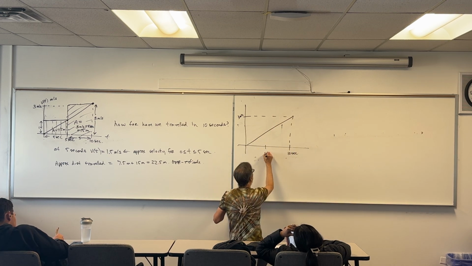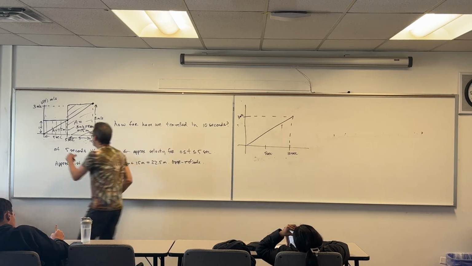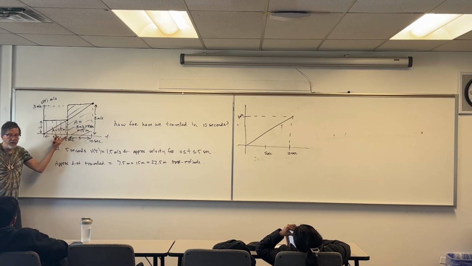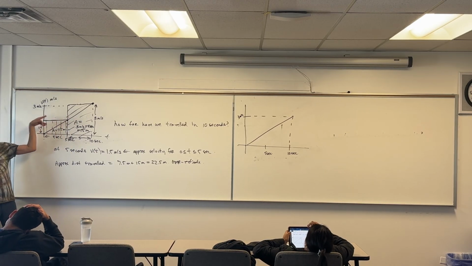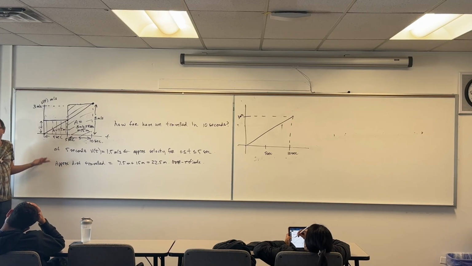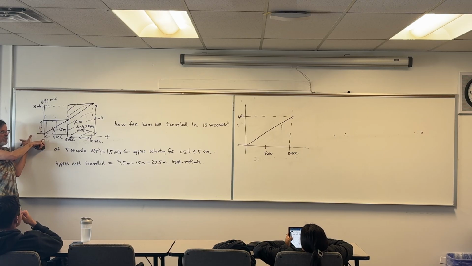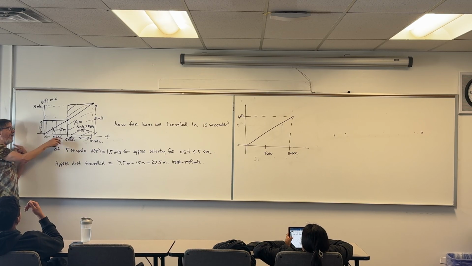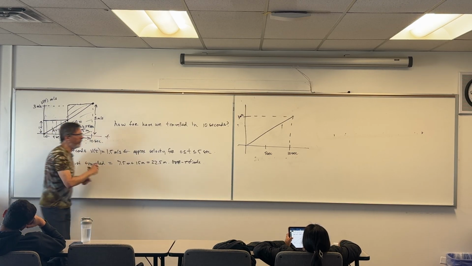Here's 5 seconds. Notice how here we used our final velocity at the end of the window as the velocity for the whole time. There's no reason to use that over the starting velocity. So here I'm starting at 0 meters per second. Why is that less valuable than the final one? This one's way over.